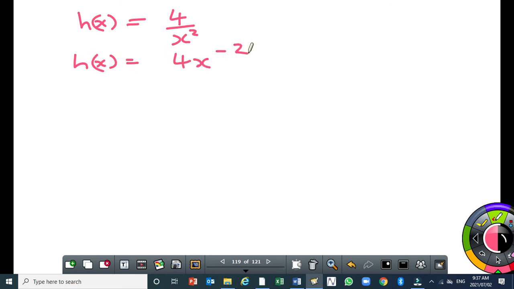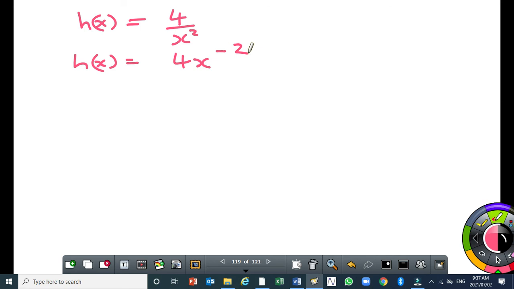Then, so our function is given as h of x equal to 4 over x squared. Okay? Now, to find the derivative of that, we need to remove the division line, so it will be h of x equal to 4x to the power of minus 2.